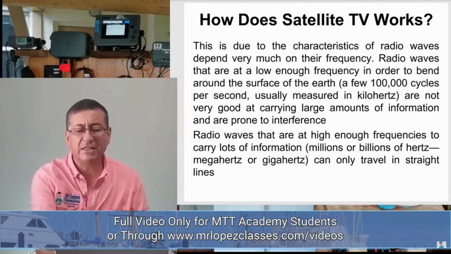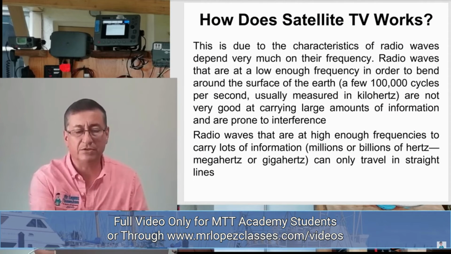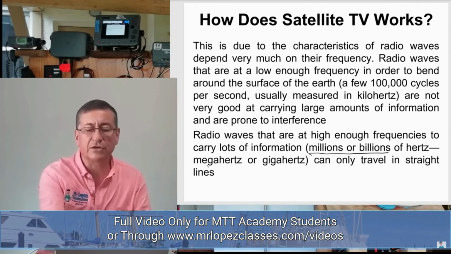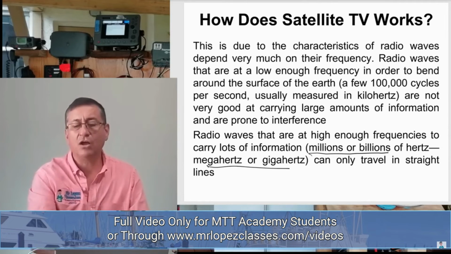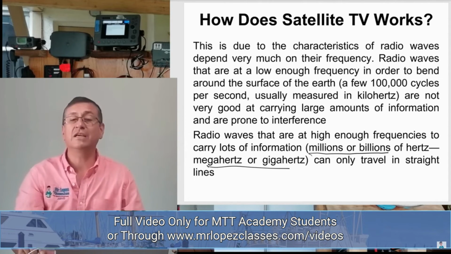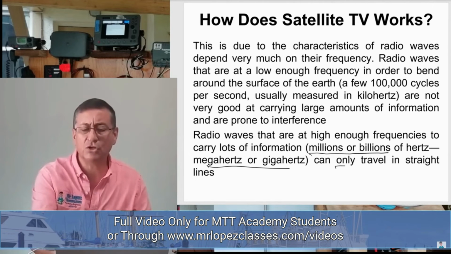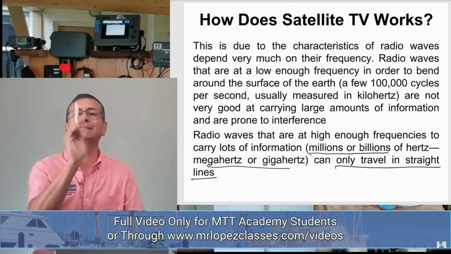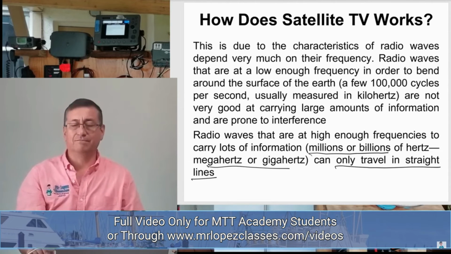The radio waves that are at high frequencies carry a lot of information. Millions or billions of hertz, megahertz or gigahertz. But the inconvenience of those signals is that they only travel in a straight direction, in straight lines, no deflection.